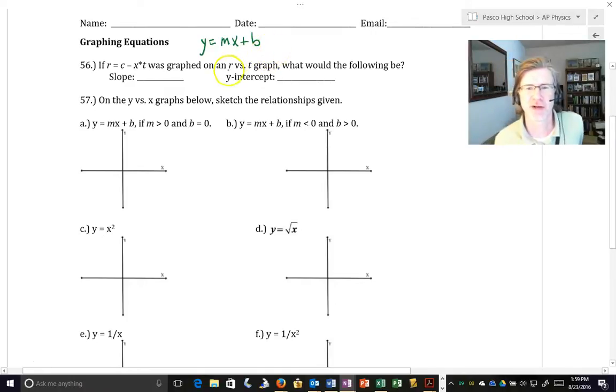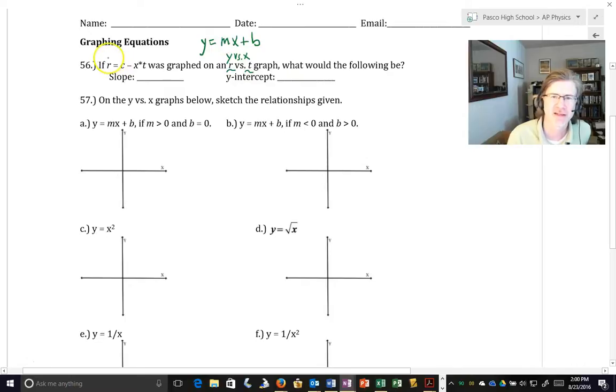And so whatever is here when you say r versus t, this must be like y versus x. We always say it that way, in that order. That must mean that y is like r. So this here is like y. And this here, the t, must be like x.